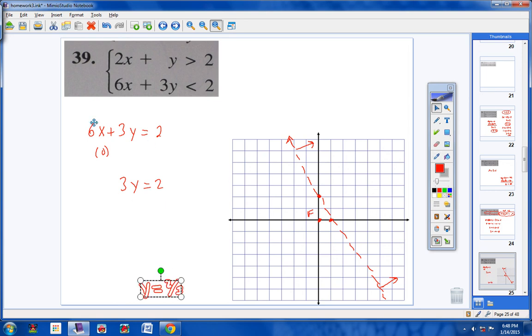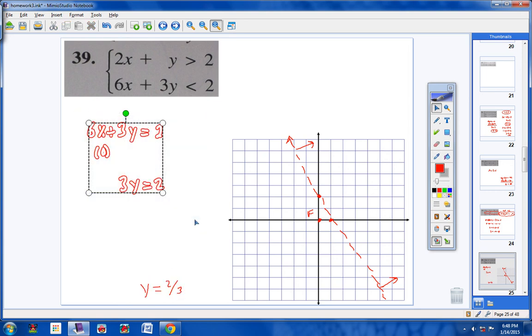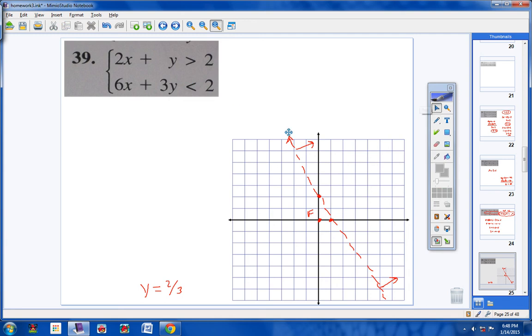Now, let's see here. Let's go ahead and move to the top equation here, which we've not used yet. I'm sorry, that's incorrect. We're going to use the same equation. However, now instead of putting a 0 in for x, we're going to put a 0 in for y.